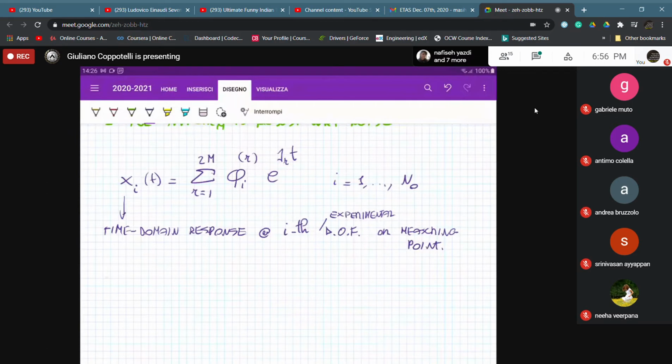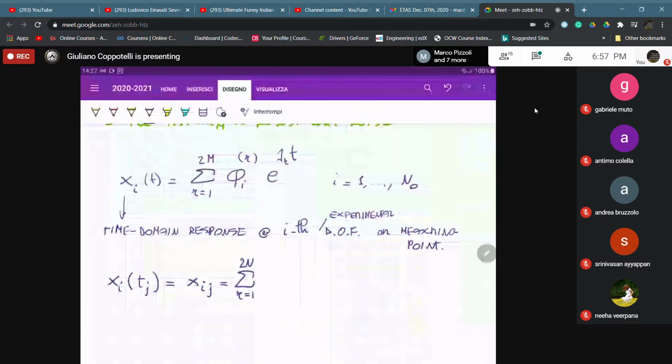So we can rewrite that as the response of the ith degree of freedom at the time tj, and so what we get is your x_ij indexes set equal to this summation sign. It is just equal to the same one that we already discussed.